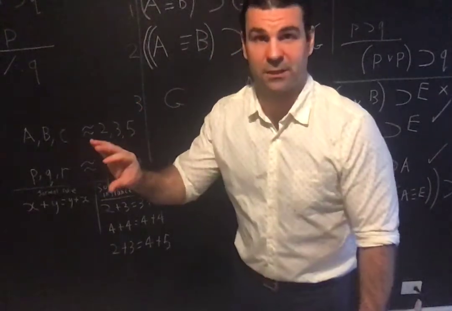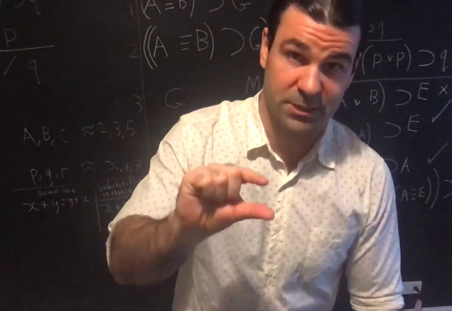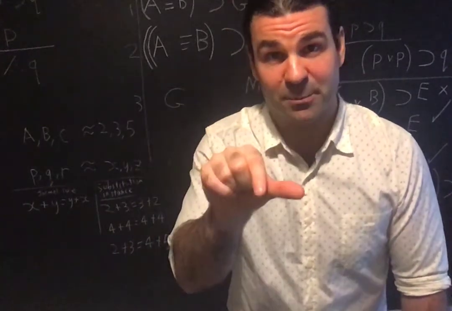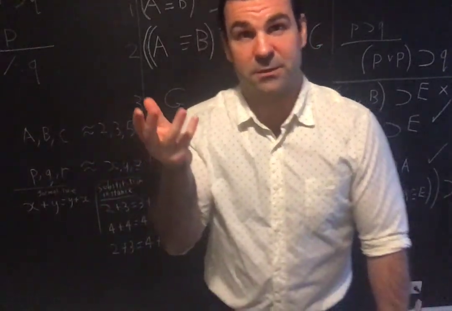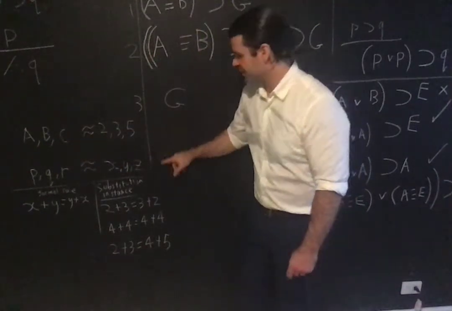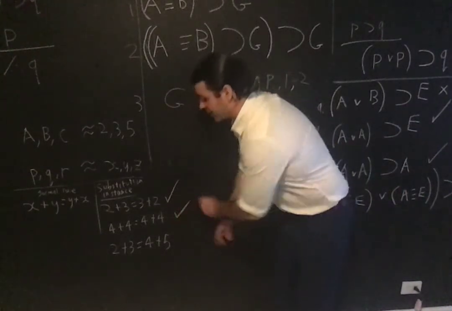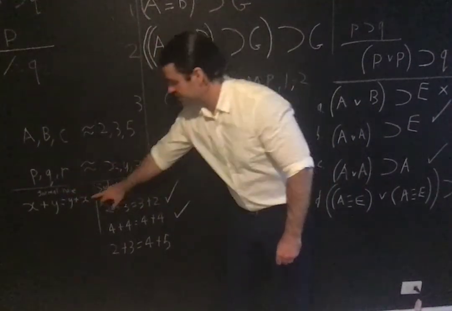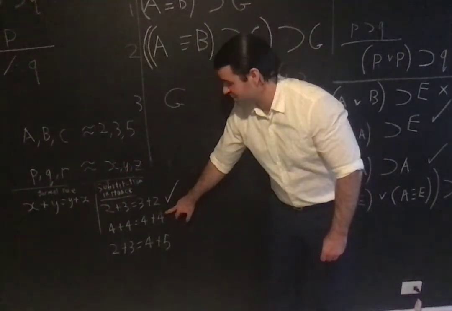That relation is analogous to the relation between statement forms and statements, articulated in terms of statement constants, the A's, the B's, and the C's. The A's and the B's and the C's are like numbers. This one we just did is like 4 plus 4 equals 4 plus 4, a valid substitution instance for x plus y equals y plus x. This says it is true for all numbers, including when x equals 4 and when y equals 4. That is a substitution instance of that.